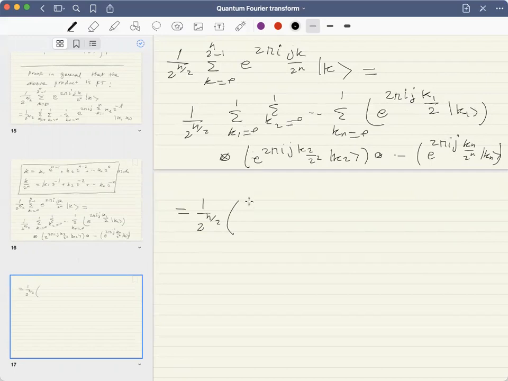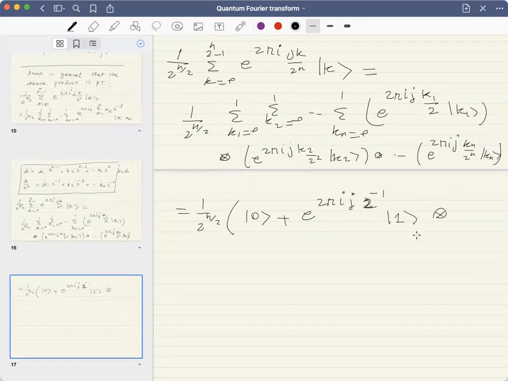So this reduces to: if I do 0, I get 0 for that k. If I do 1, I get e to the 2 pi i j, and then k1 is 1, but then I have to divide, so multiplied by 2 to the minus 1, and that's 1.